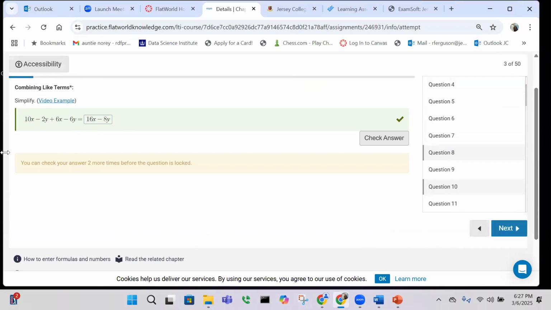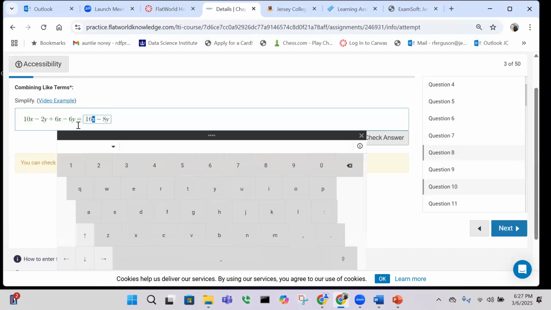Again, if I want to substitute, I'd rather substitute a value into the right side. If they tell me x is, say, -1 and y is 2, I'd rather put it in the right side than in the left side.